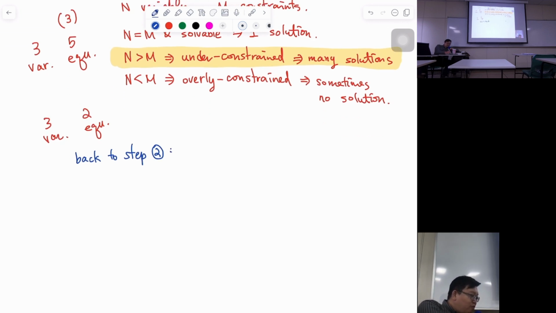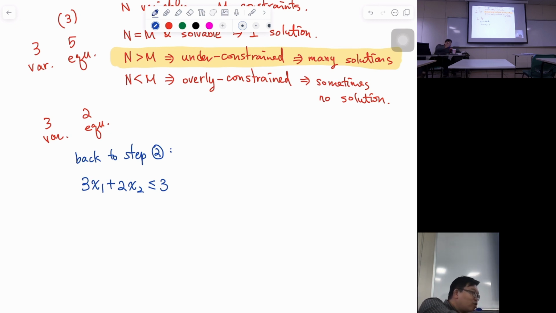Let's say I have one equation like this. I want to convert this into an equality constraint, but it still remains equivalent. Basically, after I do the conversion, whatever I have at the end has to be equivalent to what I had at the beginning.